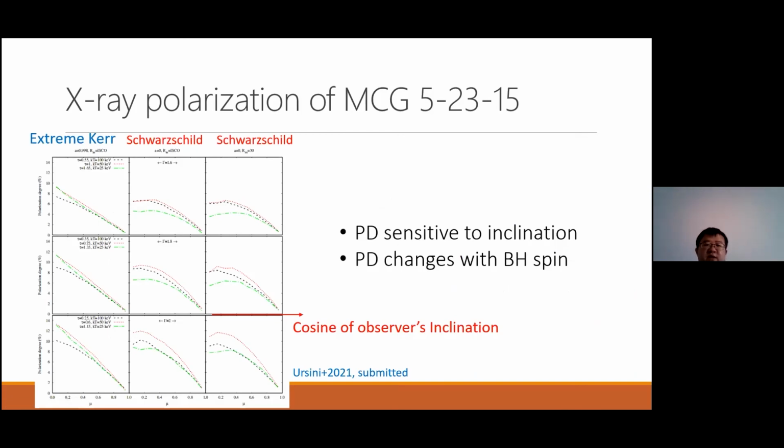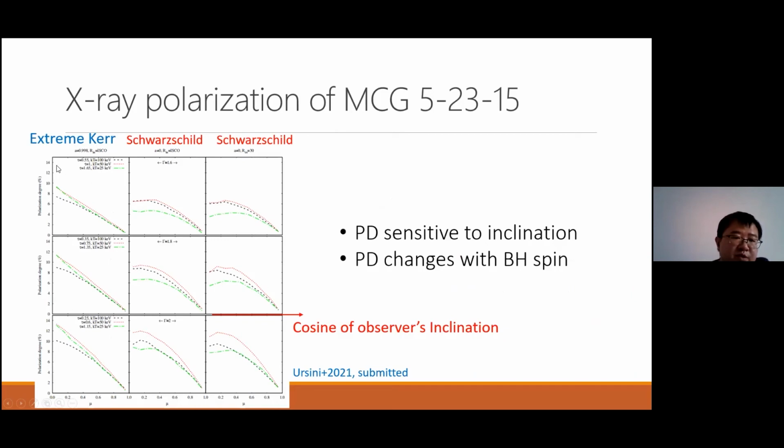So what we found is that, here from left to right is the extreme Kerr black hole, and then the non-spinning black hole, and the non-spinning black hole but with a truncated disk.